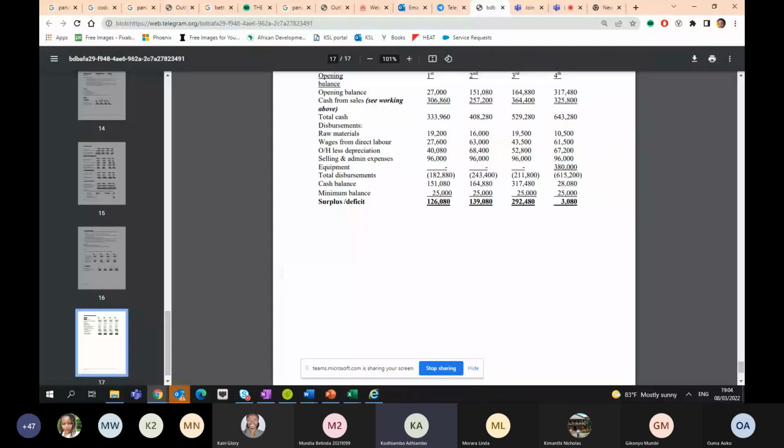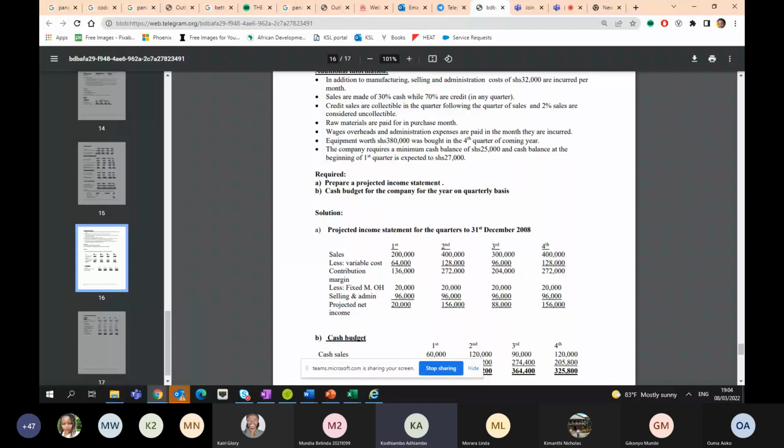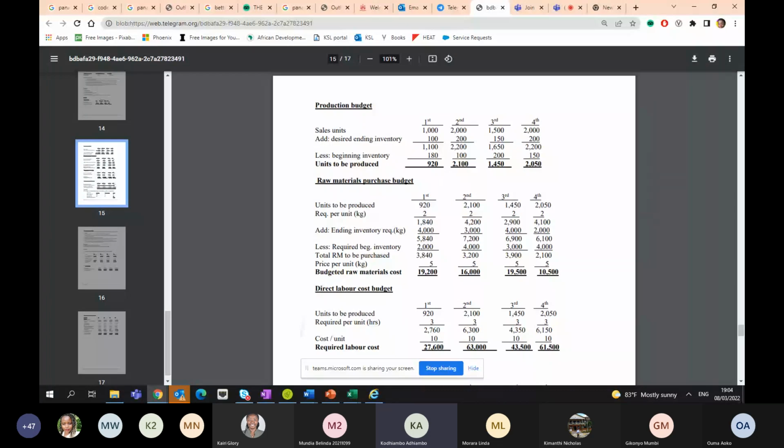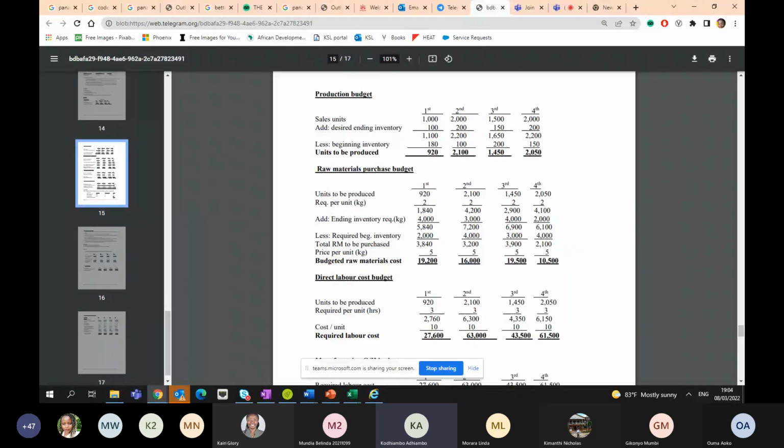Okay, sorry. This is like a repetition of the question we had. It's just a bit more complex in terms of requiring you to calculate some aspects. Basically everything in terms of our ending inventory.